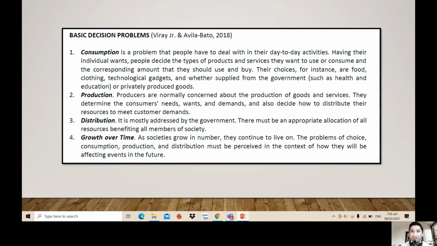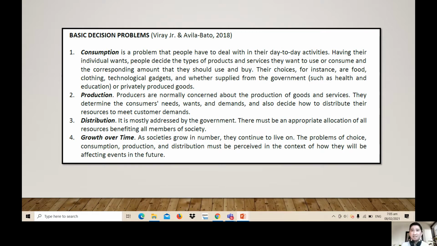The next is distribution. How to distribute these goods produced to the consumers. So it is mostly addressed by the government. So there must be an appropriate allocation of all resources benefiting all members of the society. We all know na every provincial or municipalities, meron naman talaga silang certain type of product na sila mismo ang nagbibigay.